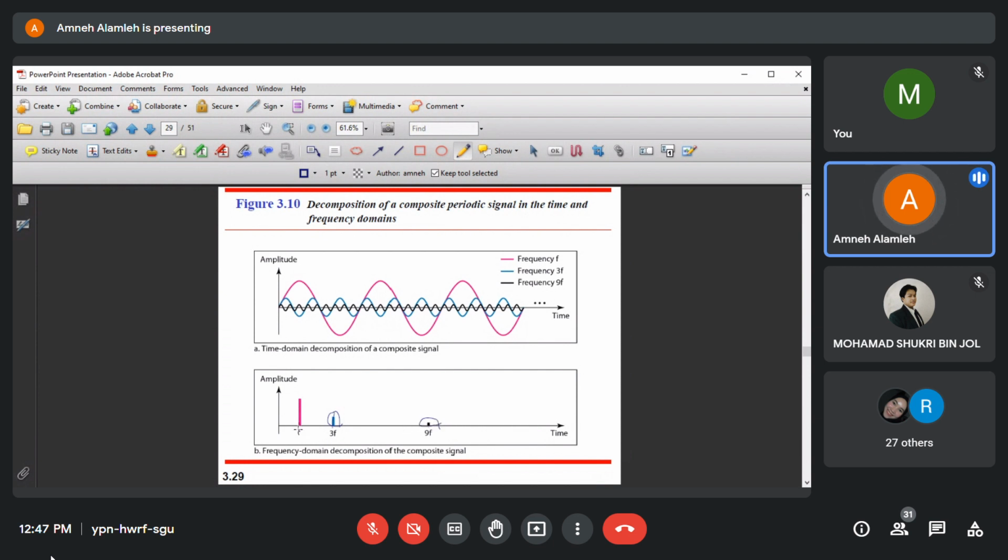So this is 1, this is 3, and this is 9, with the same amplitude. This is the representation with the same amplitude of the original signal. There are no numbers, but it is done by estimation.